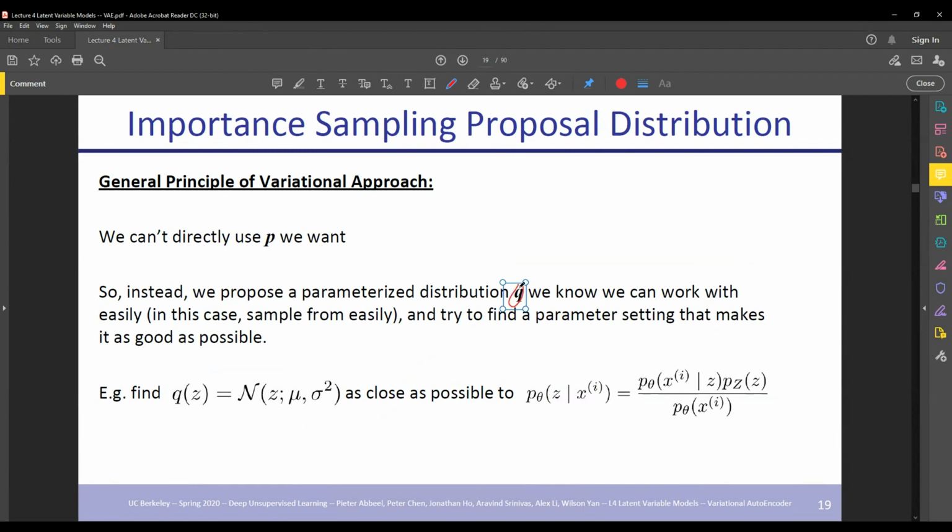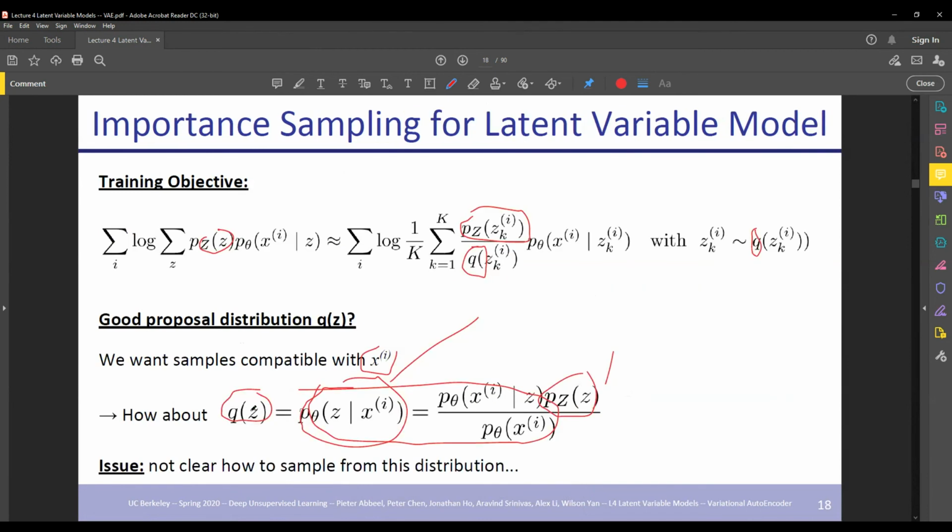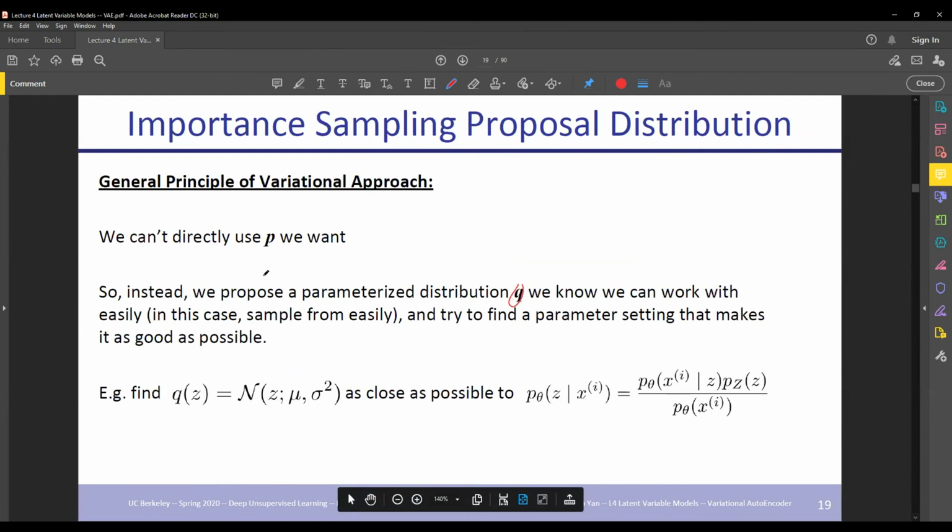Until now, we're just saying this is just Q of Z. But instead of that, what if we choose the distribution to be parameterized? Parameterized means like P of theta. Theta is the parameter that helps us calculate the values of xi given Z.